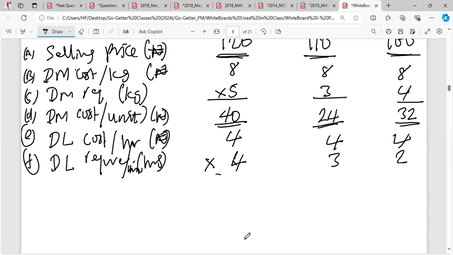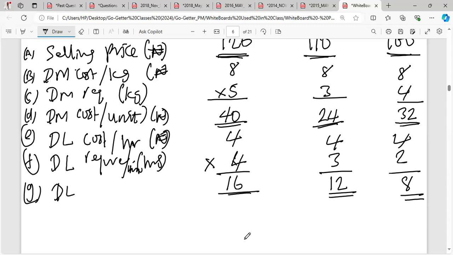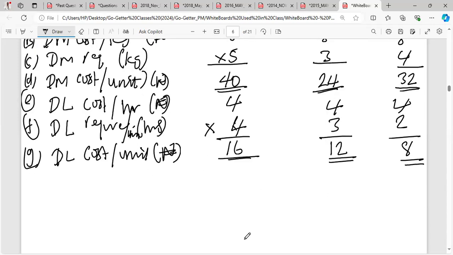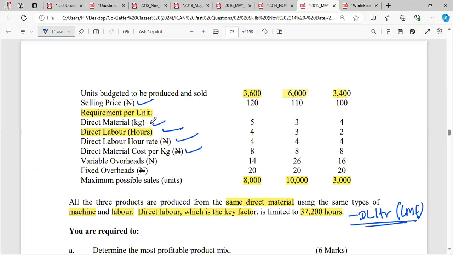Like we did before, we are going to multiply. 4 times 4 is 16. 4 times 3 is 12. 4 times 2 is 8. So this is G here, direct labor cost per unit, in naira. Then our H, the one we have not used here, is variable overheads.